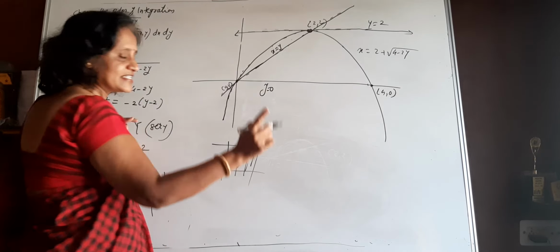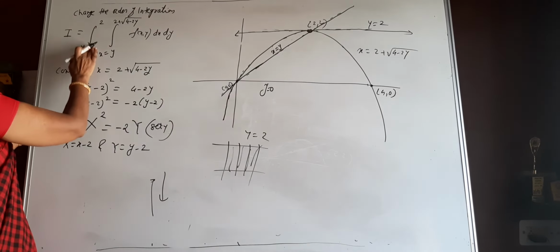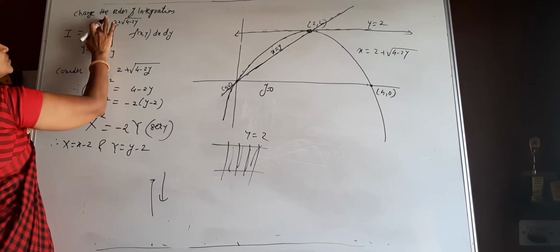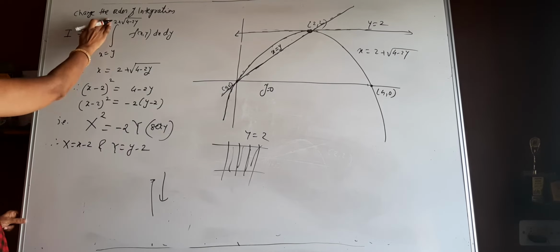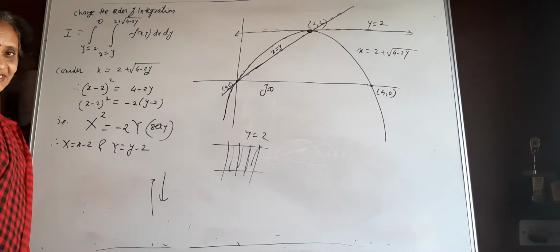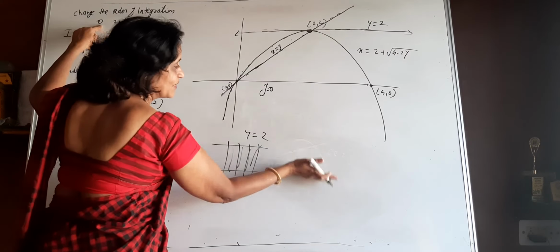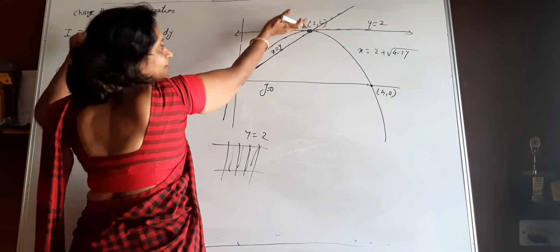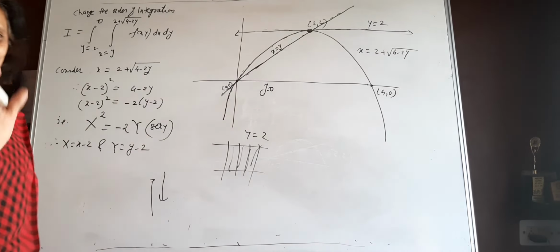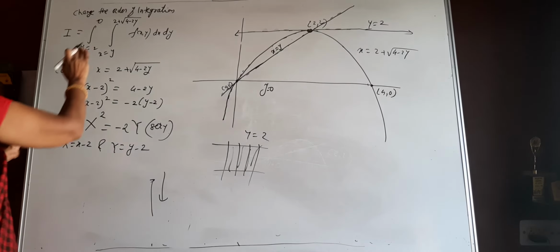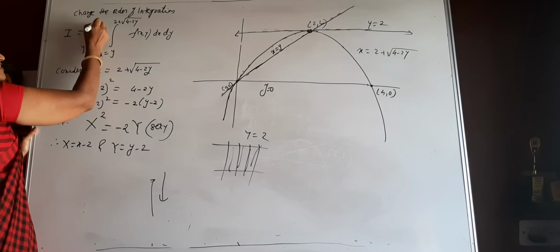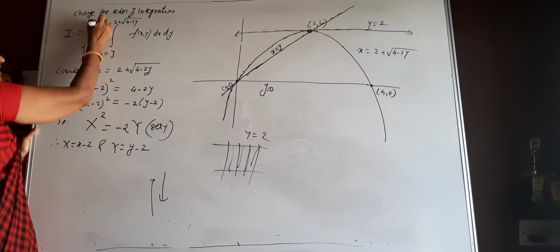See very well. So it is this region. If in the same problem I write 2 to 0, what is the meaning of that? This will be below y equal to 0 and above y equal to 2. So there is no common region. So understand this part to find out the region.